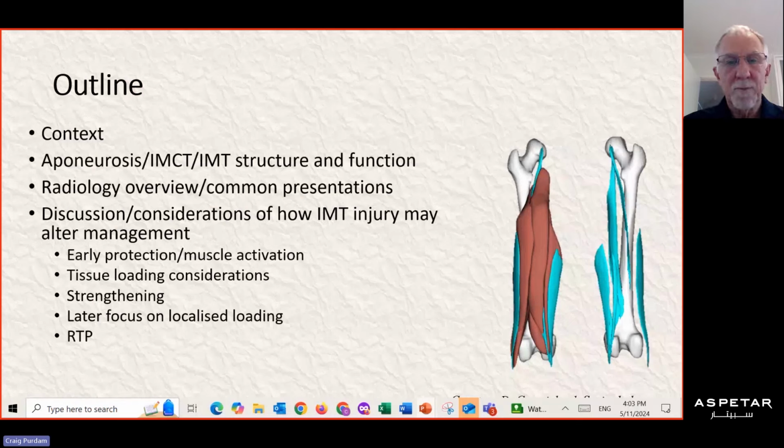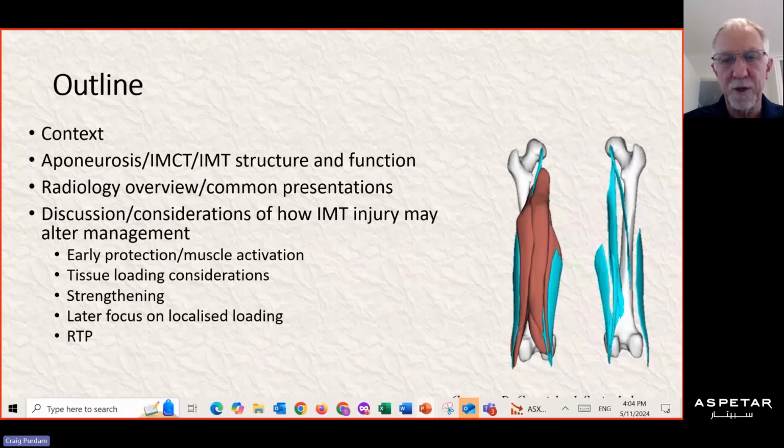So what I'll be doing effectively is providing a little context of things that have gone before this presentation and some great work by so many people in this area, and then focus more on what we understand to date, on what can be termed either an aponeurosis, intramuscular connective tissue, or intramuscular tendon.